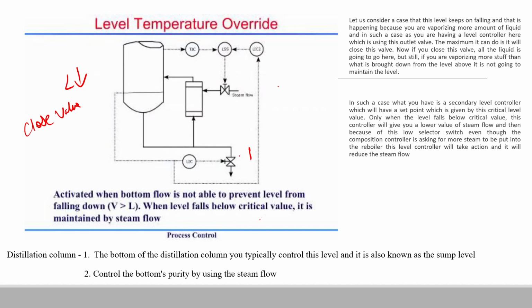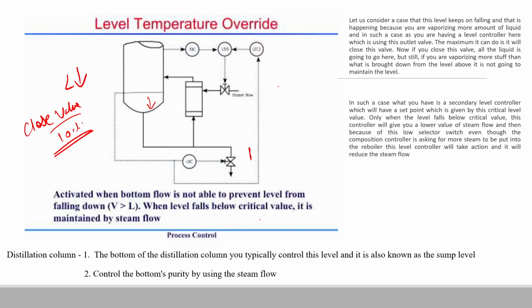What we can observe is that even when the valve has been closed 100%, the heating in this reboiler section will keep on increasing, due to which the level will again keep on decreasing significantly because of the presence of this steam that we are providing. In such a case, we have a secondary level controller, which has a set point given by this critical level value.